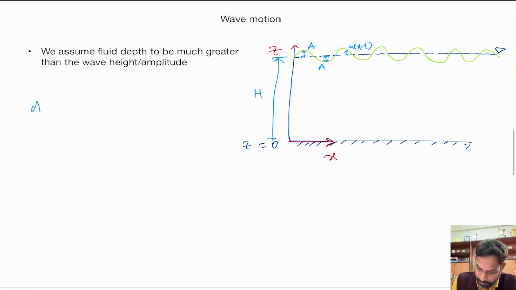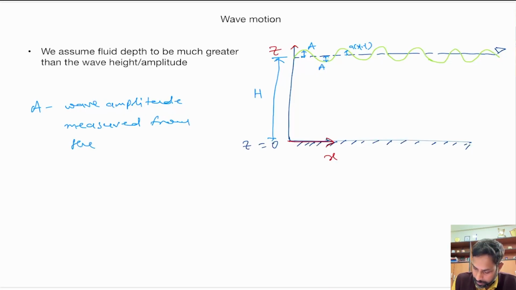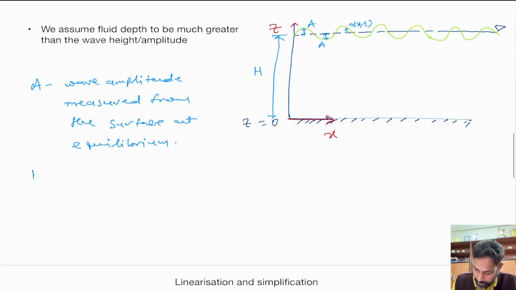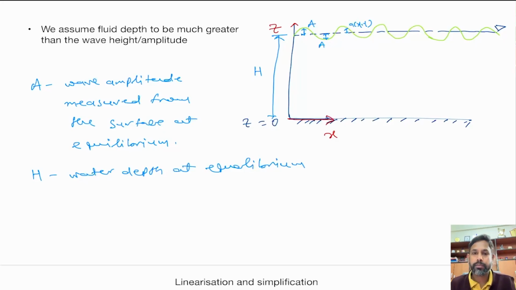Okay, so here capital A is the wave amplitude, measured from the surface at equilibrium. Okay, and we consider H to be the water depth at equilibrium.